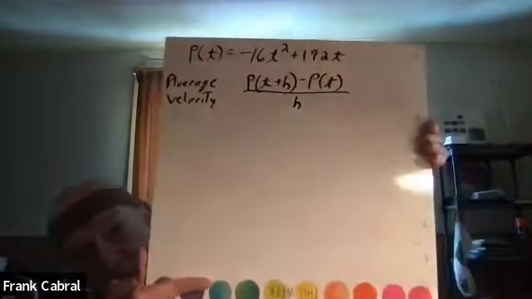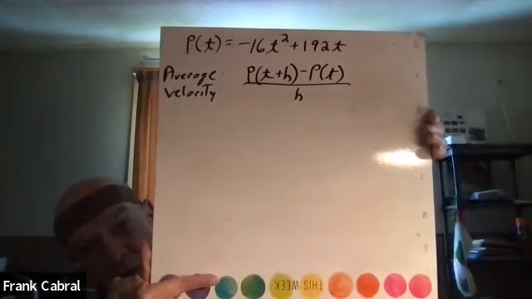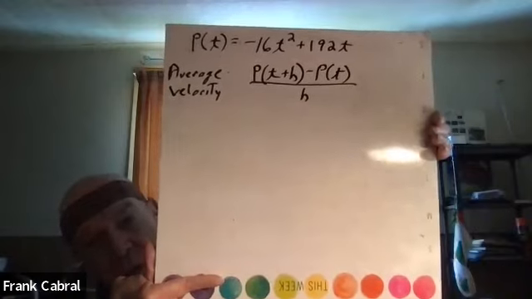So we're going to use this position function minus 16t squared plus 192t to represent the position of a moving object. So let's say for the argument here that t is the time in seconds and that p of t is the position in feet.